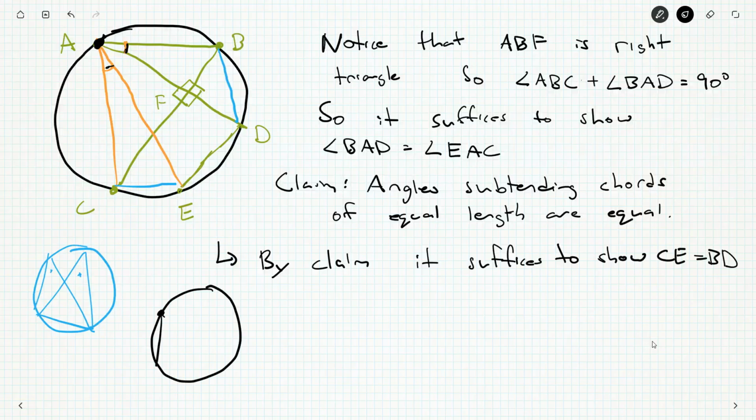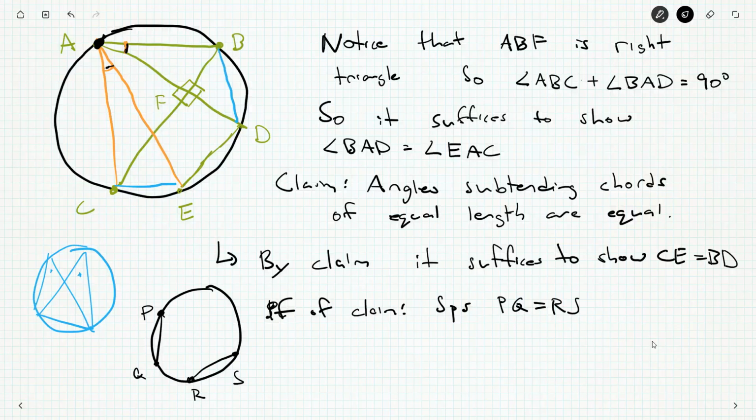So let's have P, Q, R, and S. So I'd say proof of claim. Suppose PQ is equal to RS. We'll call this O. OP equals OQ equals OR equals OS.